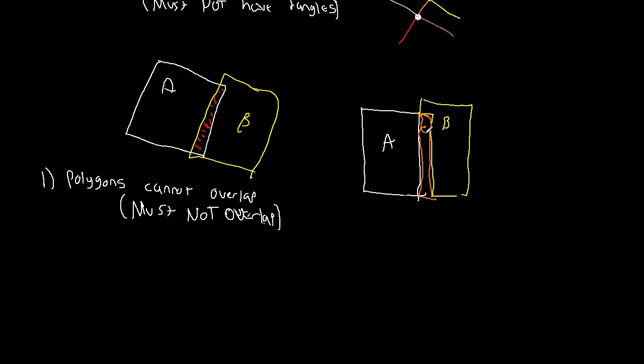Now, there is another option that we could do, where we would say that polygons must have coincident boundaries. And so what that would say is, okay, this overlap is clearly an error.